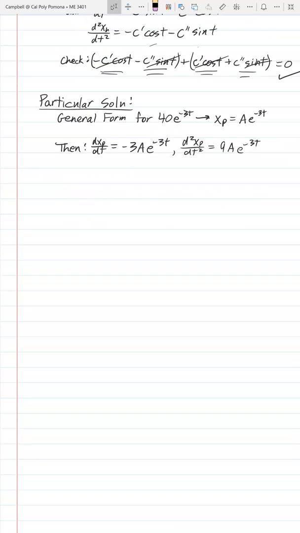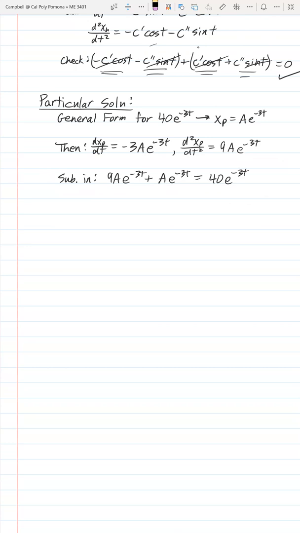So let's go ahead and substitute on in. And when we substitute in, we get 9a e to the negative 3t plus, because again, everything's multiplied by 1, so we just substitute the functions in, a times e to the negative 3t for xp, and of course, that's equal to 40 e to the negative 3t.